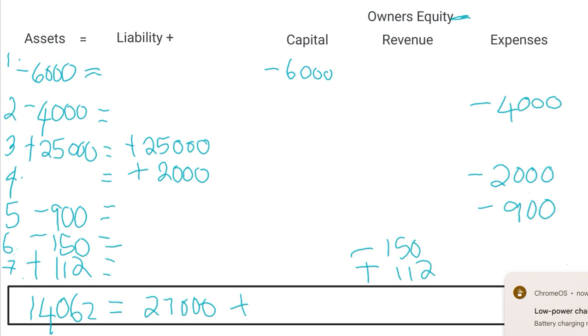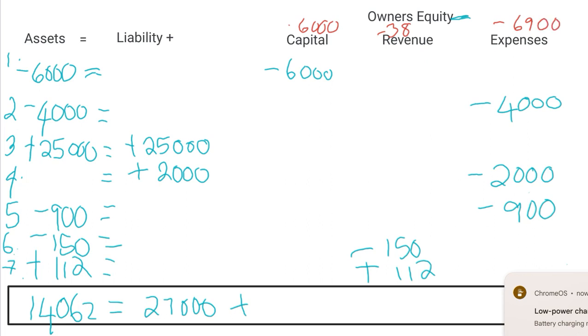2,000. So here we have minus 38. I'll put this in a different color. We have, for the revenue, we have 38 minus 38. We have minus 6,000 here. And then we have 6,900.